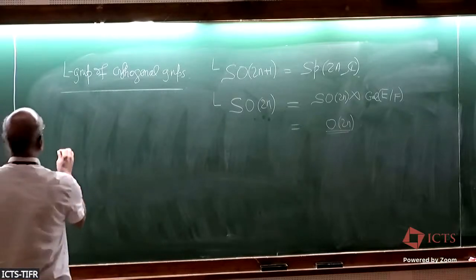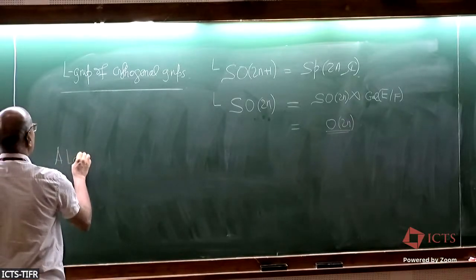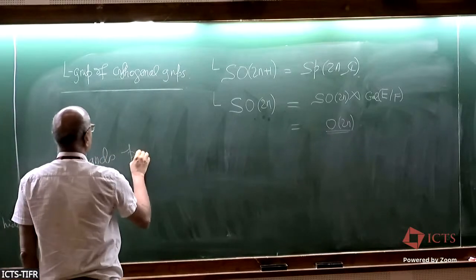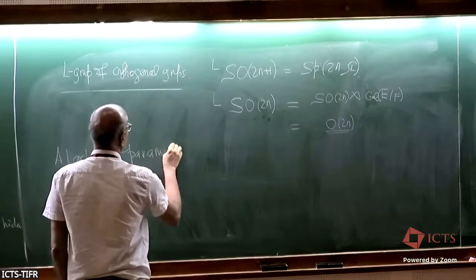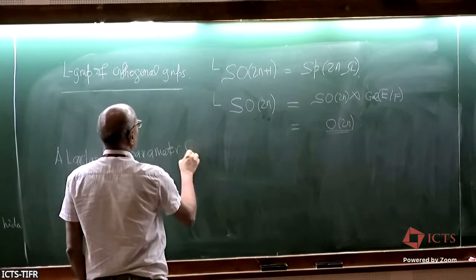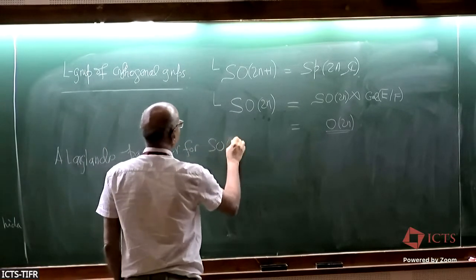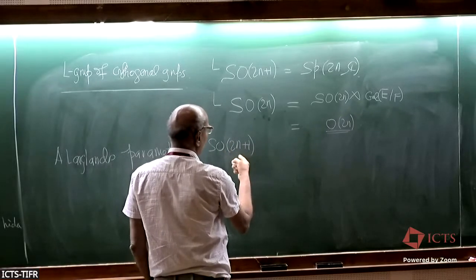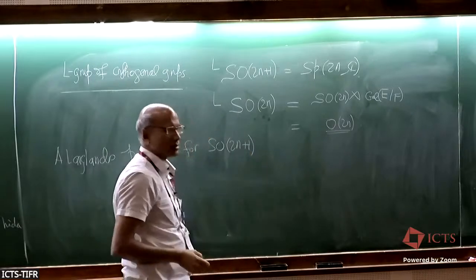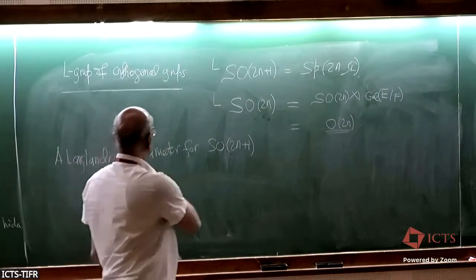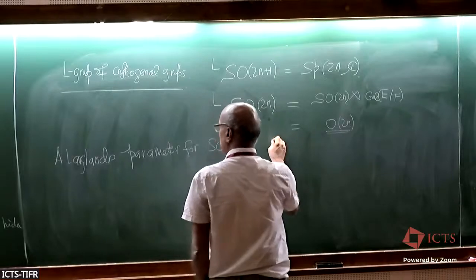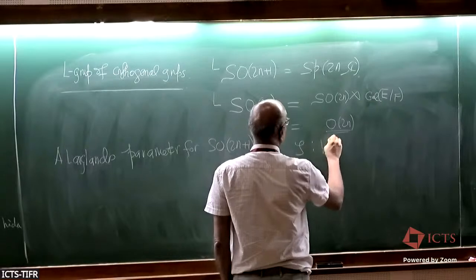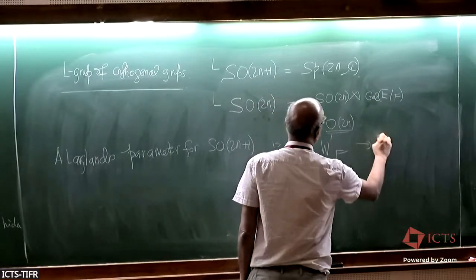So a Langlands parameter for SO(2n+1), and when I write SO(2n+1), I am not being too careful about the quadratic space. Somehow it doesn't matter too much. It is a homomorphism phi from W_F to Sp(2n, C).